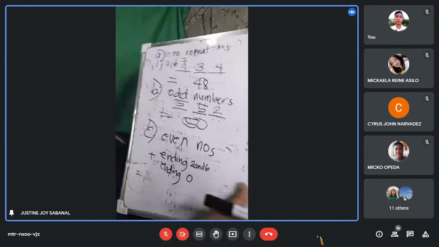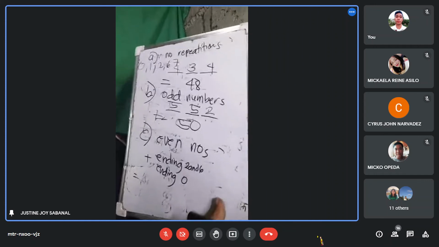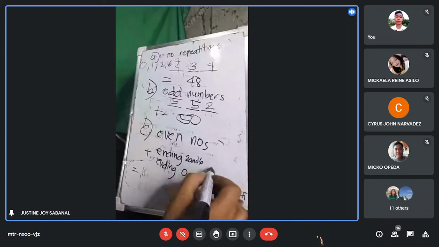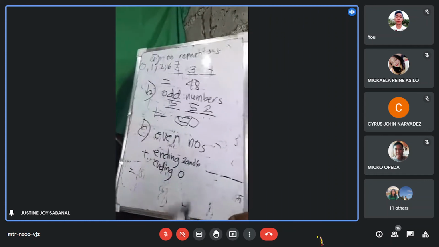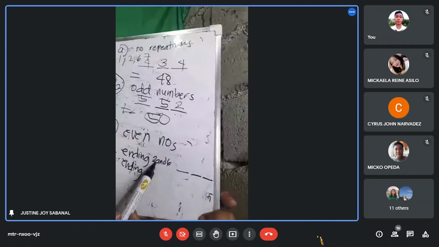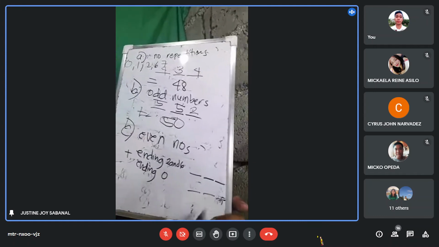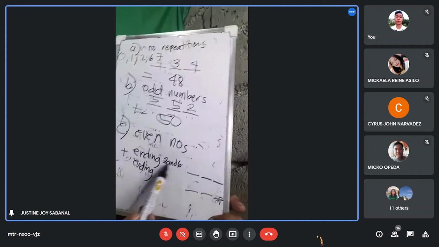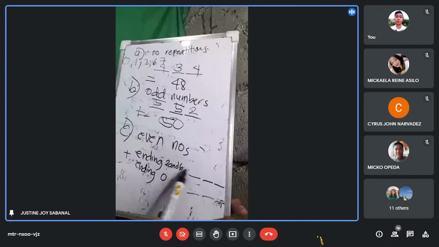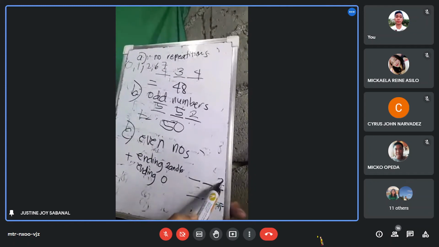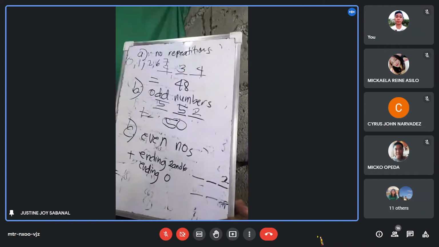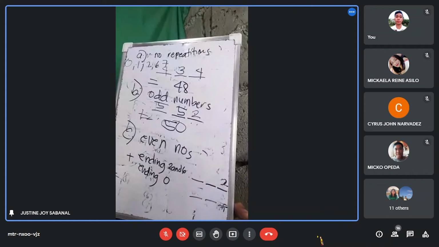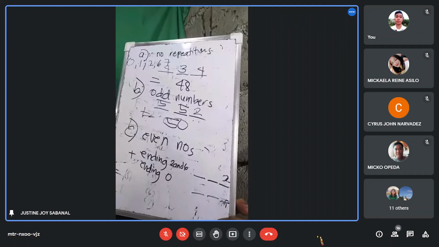Okay. So, we have here numbers ending with 2 and 6. So, dun muna kayo sa ones digit. Magko-concentrate. So, dalawang value na.